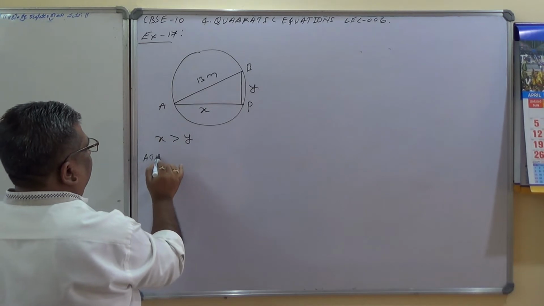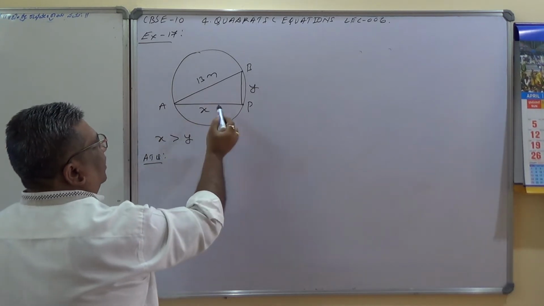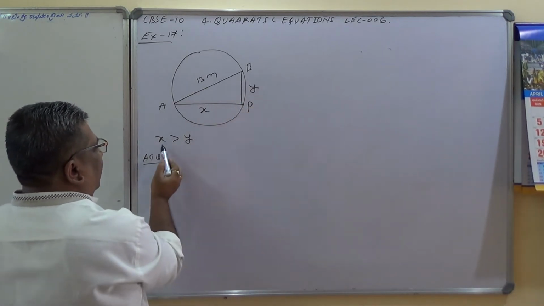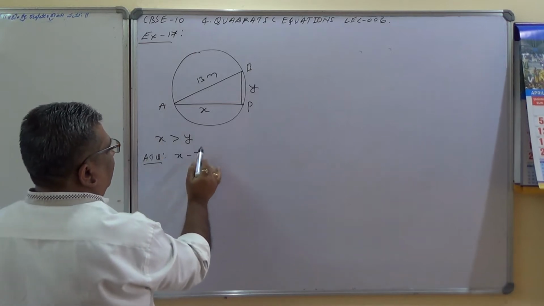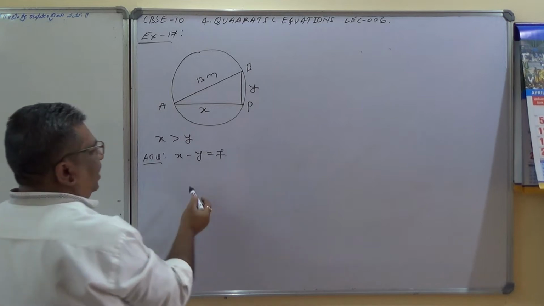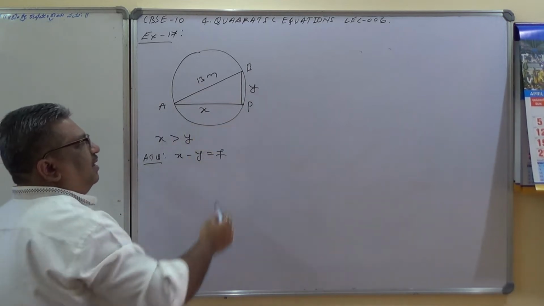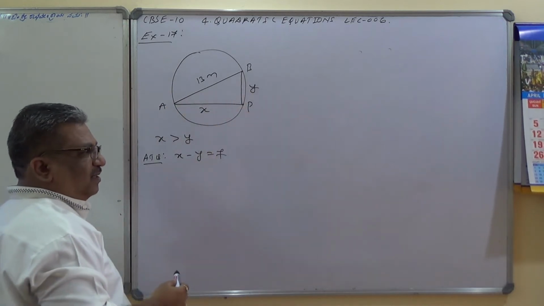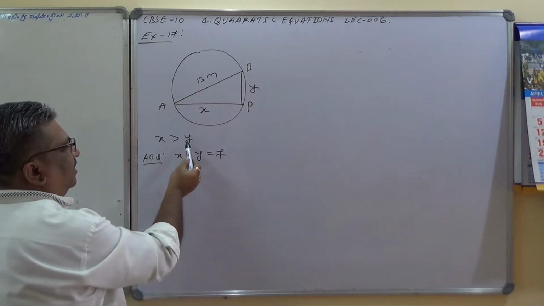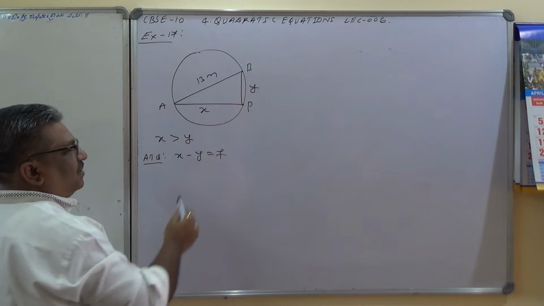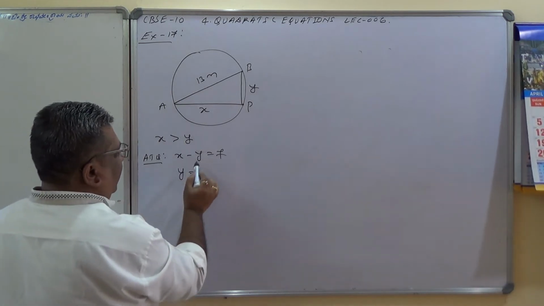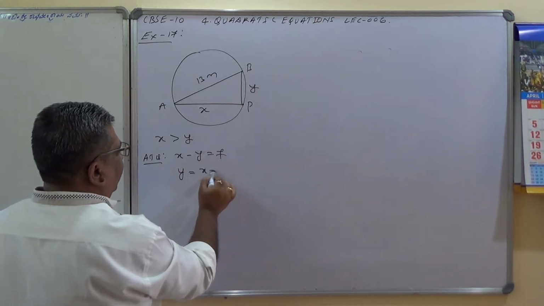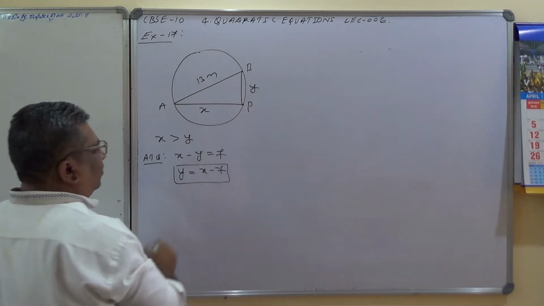According to the question, the difference in the two distances of this pole is 7. Therefore, as I have assumed x is greater than y, x minus y equals 7. The difference in the distances of this pole from gates A and B is 7 meters. So y equals x minus 7.